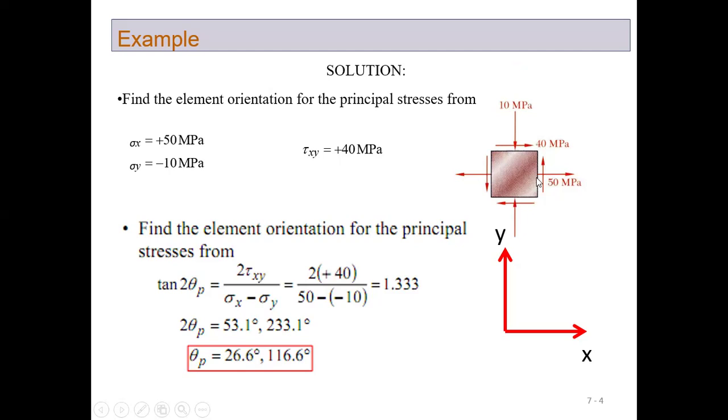Now, this shear stress, tau xy, is counterclockwise. So which sign do we have to put with it, plus or minus? Since we are working in the Cartesian coordinate system, we find the direction of this couple. This is a force or stress, and this is a force or stress, so it is a couple.